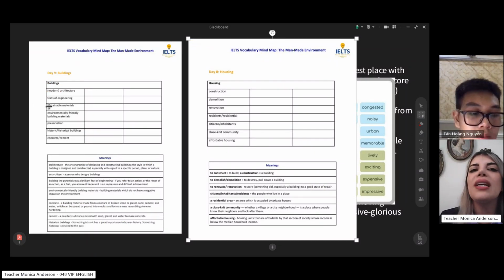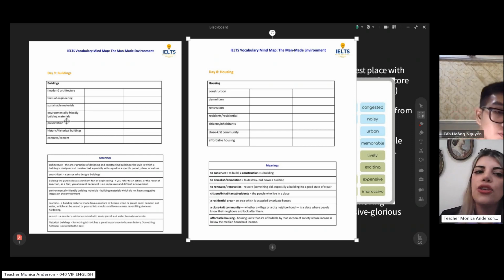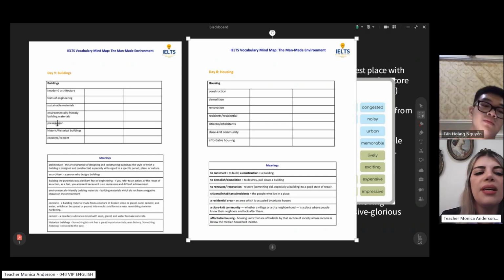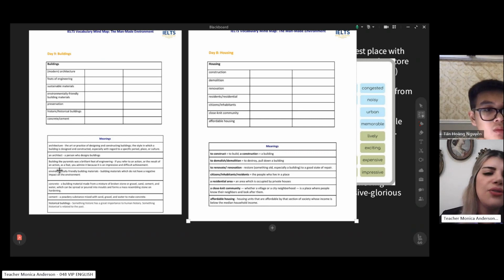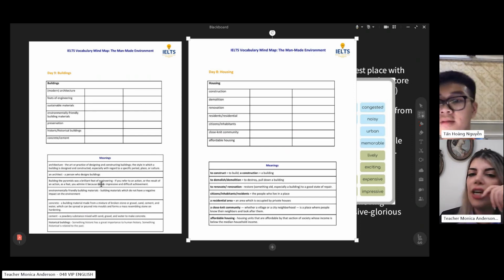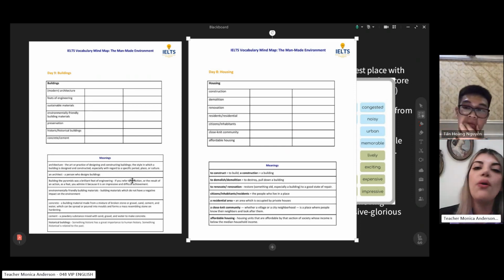And preservation means protection. Historic and historical buildings, that is really easy. Cement is a powdery gray substance mixed with sand, and we can mix it with water to make concrete. Concrete is a really hard material that can be used in the building industry. Get it? Yes. Okay, so those are the most important words.